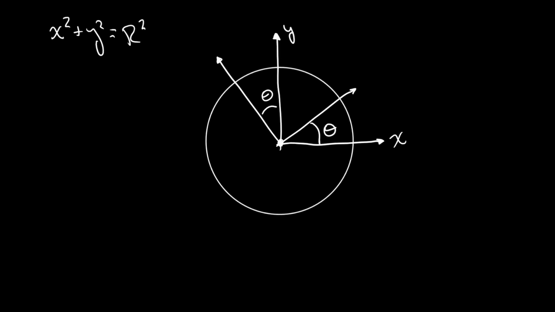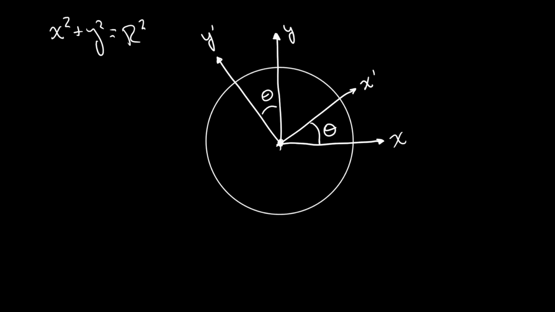So instead of rotating the circle, I've rotated the axes in the opposite direction, and it has the same effect. I'll call these new coordinates x prime and y prime, and they just sit at an angle theta with respect to the other ones.